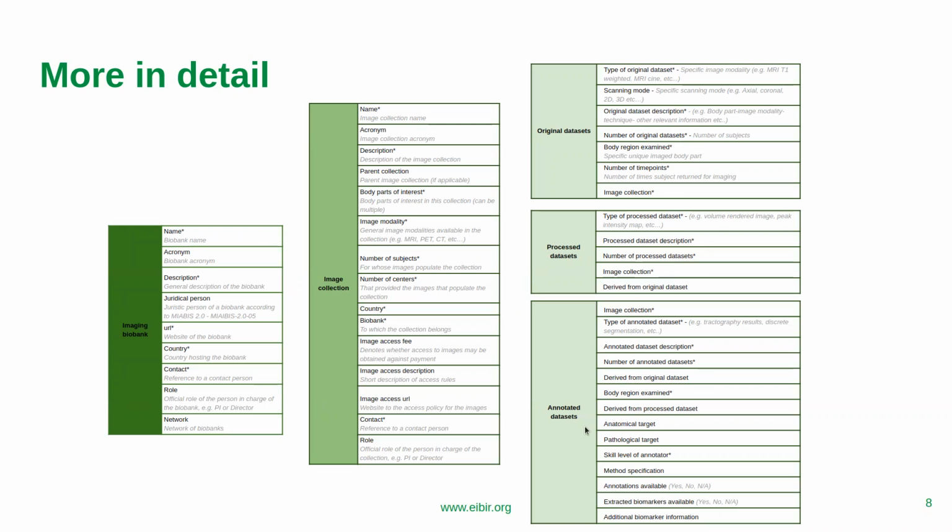Also, for the annotated data sets, we have the type of the annotated data set and some other descriptive categories, such as body region, anatomical target, pathological target, skill level of the annotator, etc. And also biomarkers, if they are available, and additional information.